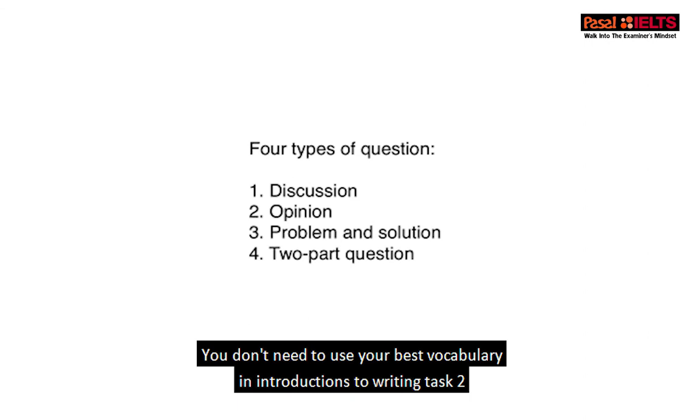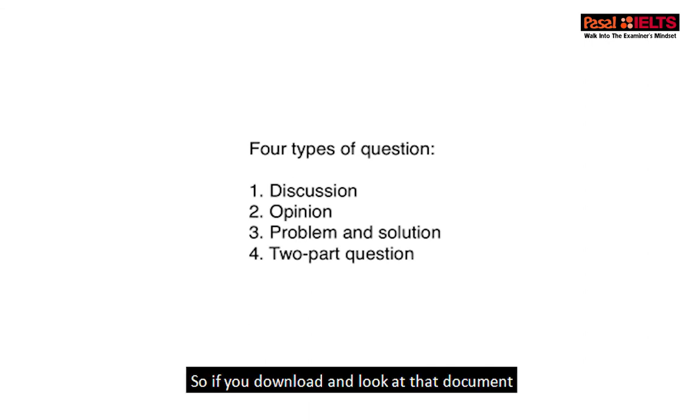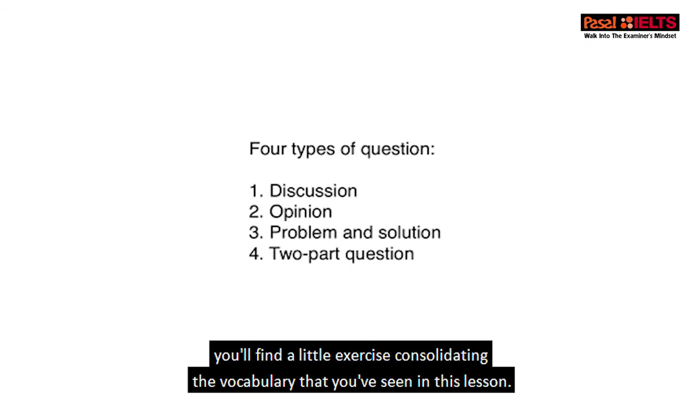You don't need to use your best vocabulary in introductions to writing task 2 because your score really comes from the main body paragraphs. However, it's always good to learn some useful words and phrases, so if you download and look at that document, you'll find a little exercise consolidating the vocabulary that you've seen in this lesson.